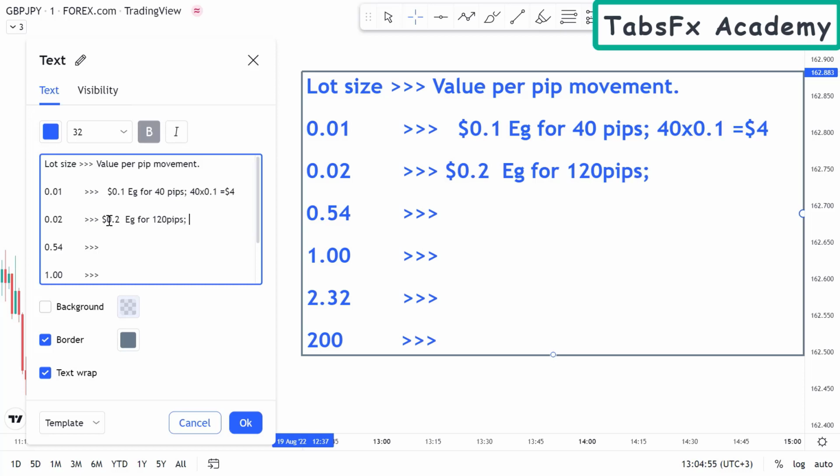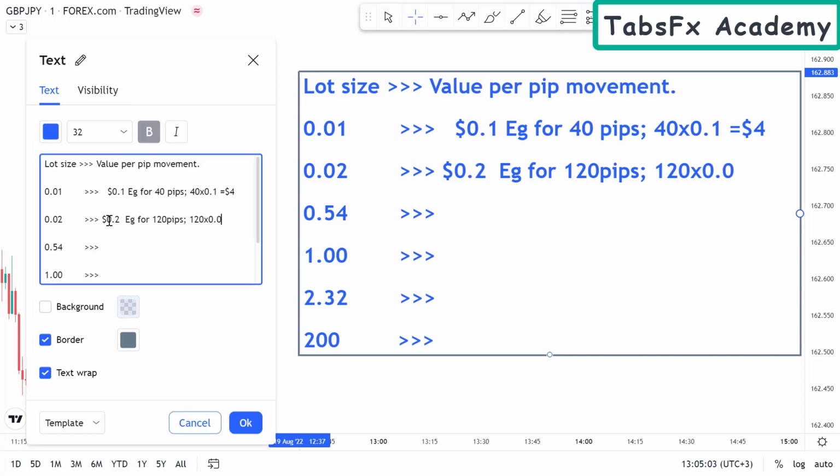How much money do you get at the end of it all? Simply multiply 120 times 0.02 times 10, so 0.2. That is the value per pip. And this will give you $24.